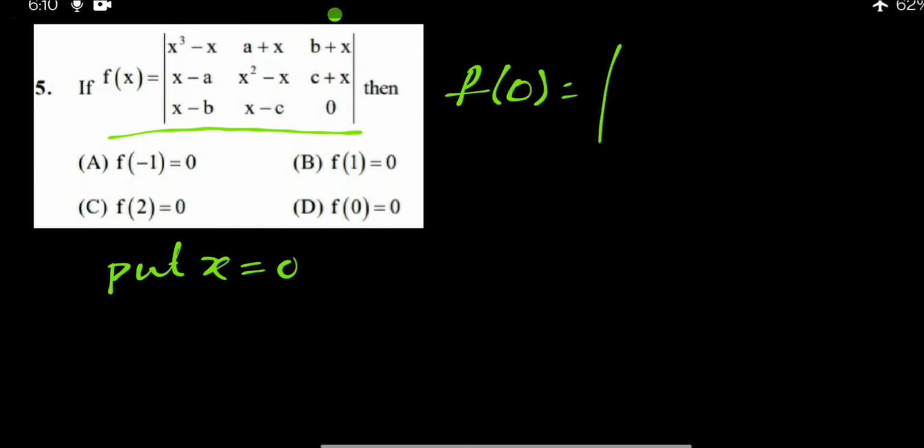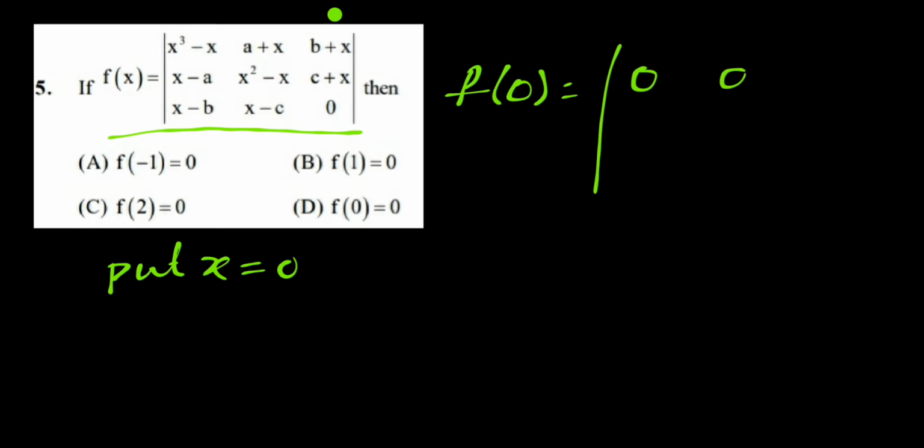Next, problem number 5. If f of x is equal to the determinant of the 3 by 3 matrix given, which one is the correct option? For this type of problem, put x equal to 0. Whenever we get problems like these in the exam, put x equal to 0. F of 0 is equal to, if you write it, x cube minus x becomes 0 minus 0, 0.